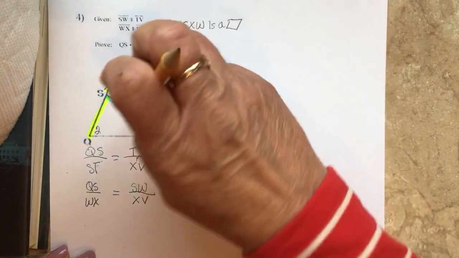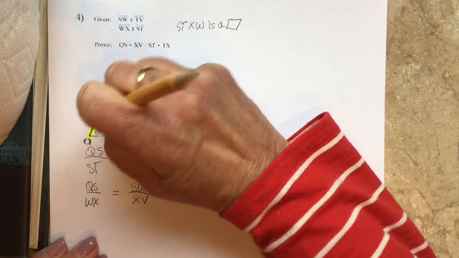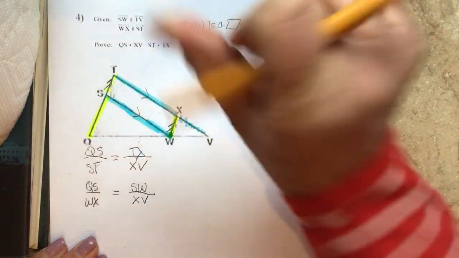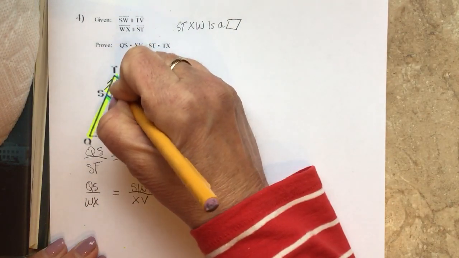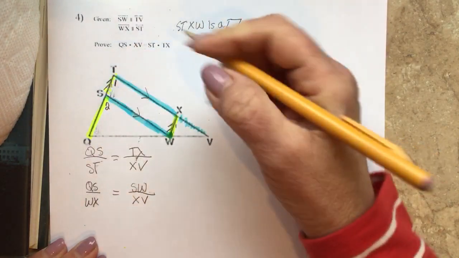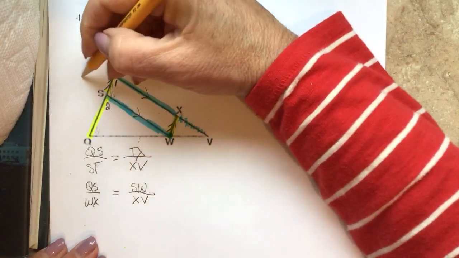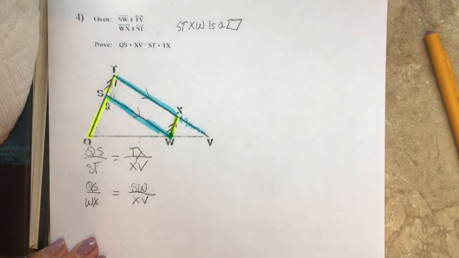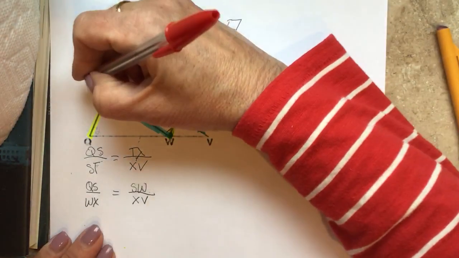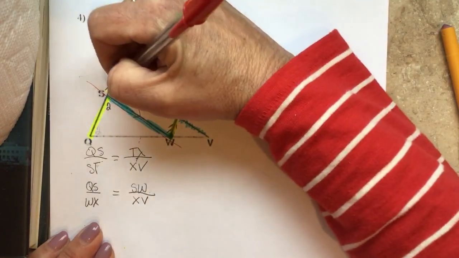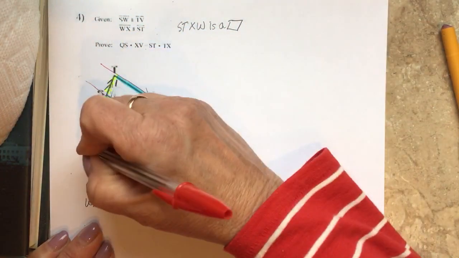You know what? I don't want to do it that way. Let me redo that. I'm going to go 1 and 2. Okay, because I have, let me use my red pen. Parallel, parallel, transversal.